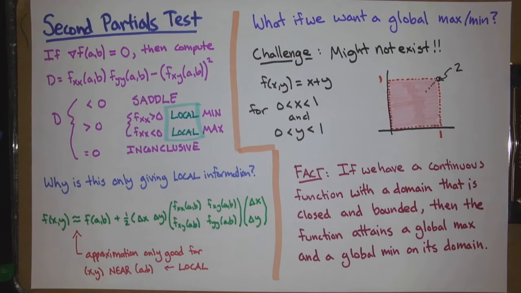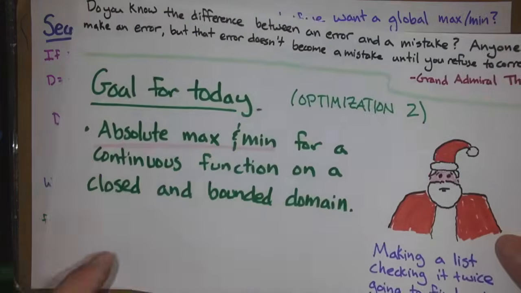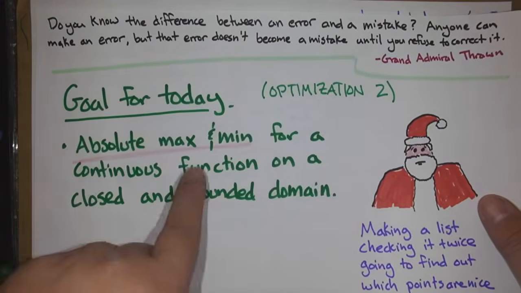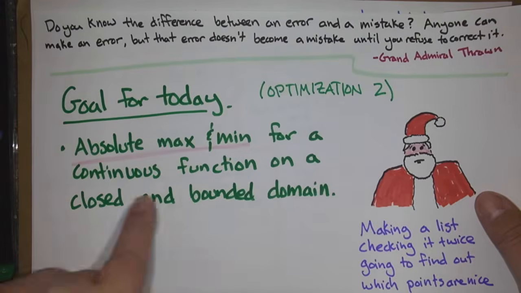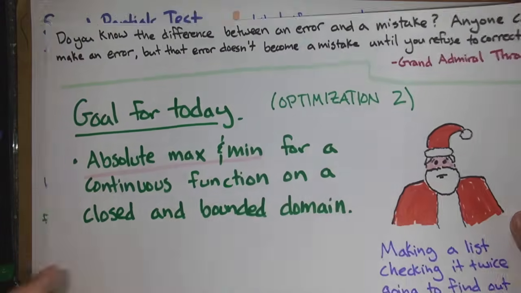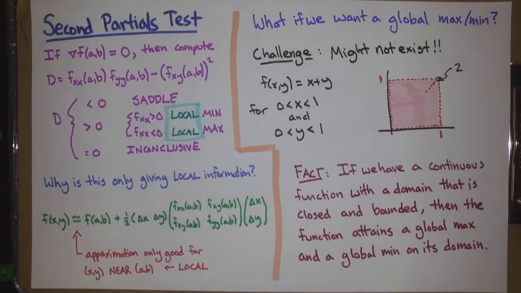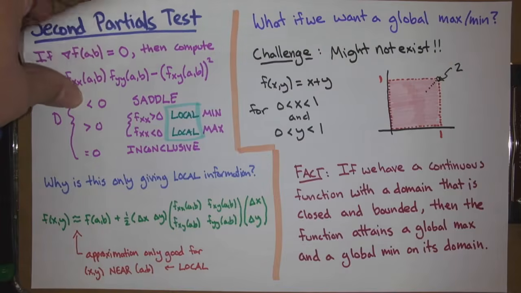It deals with topology, but for us, we're just going to take it as a fact. All right. So that's why, if you think about what was our goal for today, we said we want absolute maximum and minimum, continuous function, closed and bounded domain. So essentially I want to be in the setting where I know I actually have an absolute max and an absolute min.